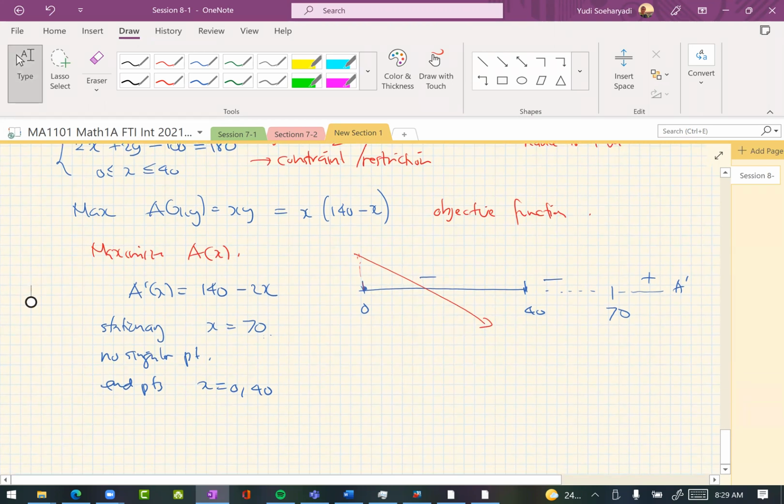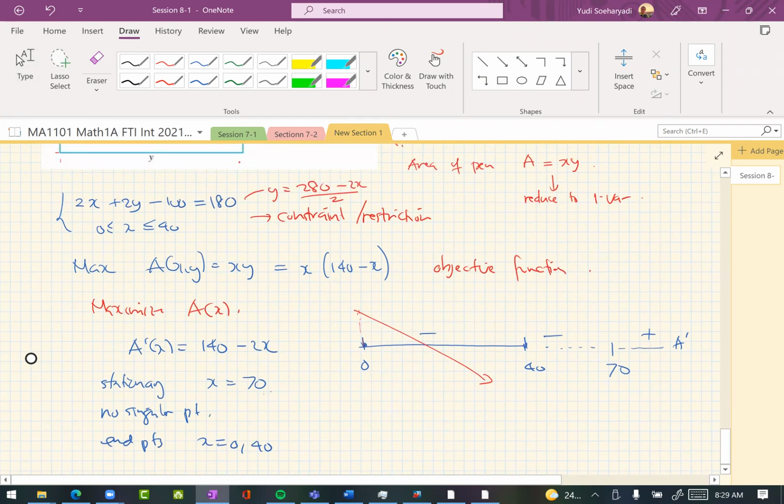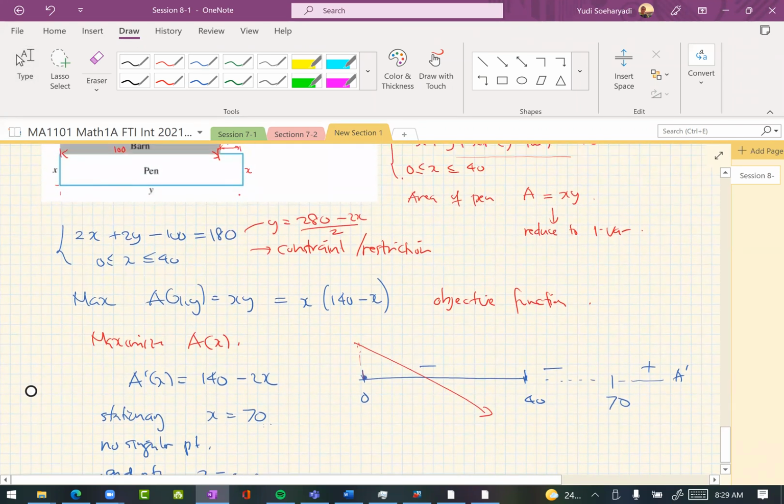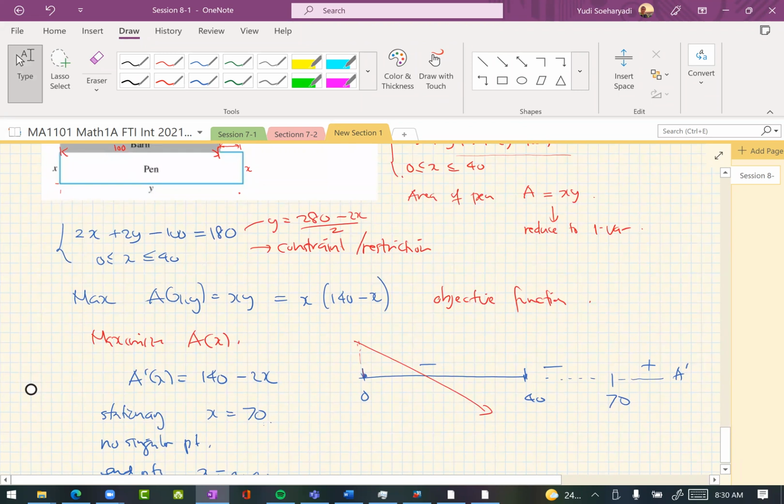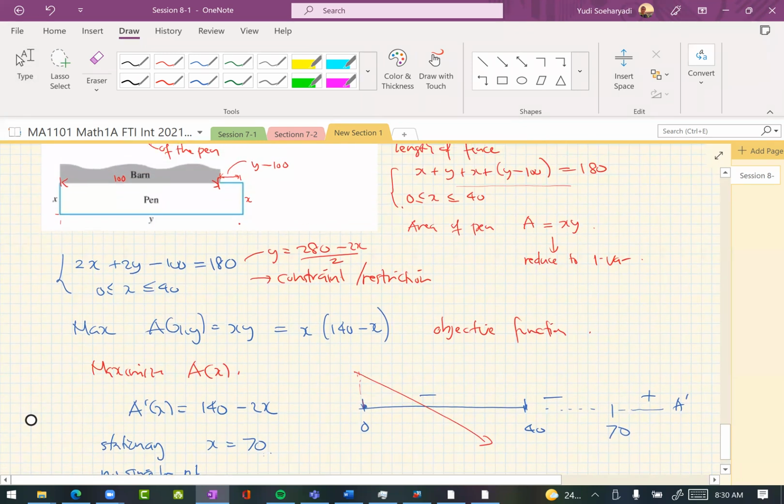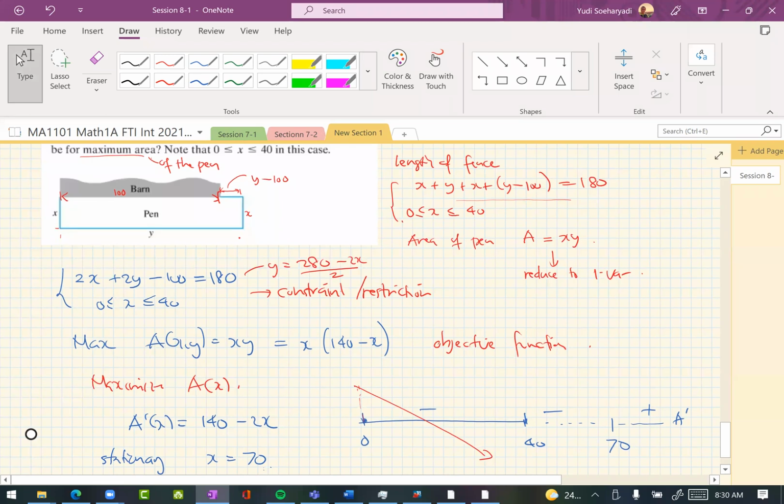Where do I make a mistake here? Anyone see the mistake?